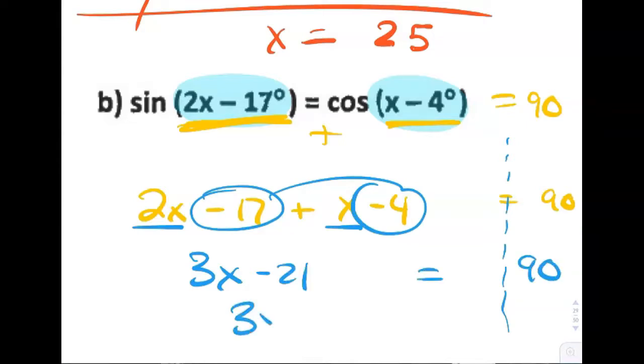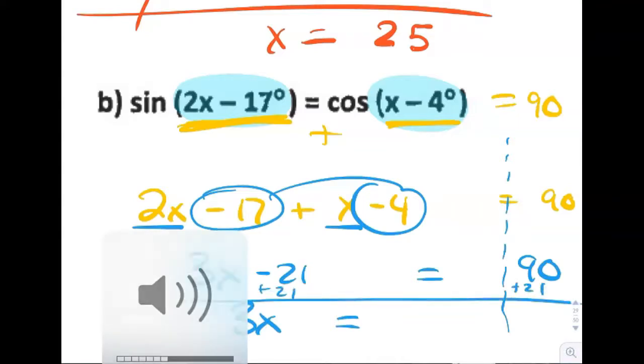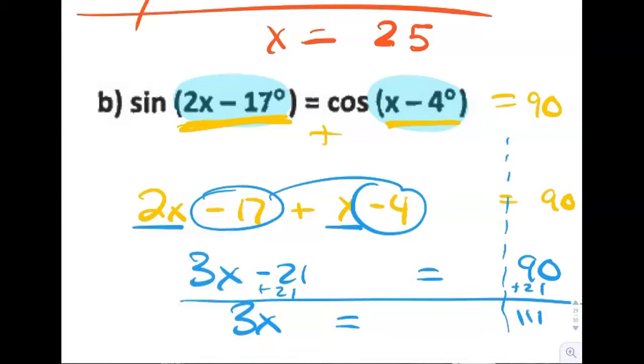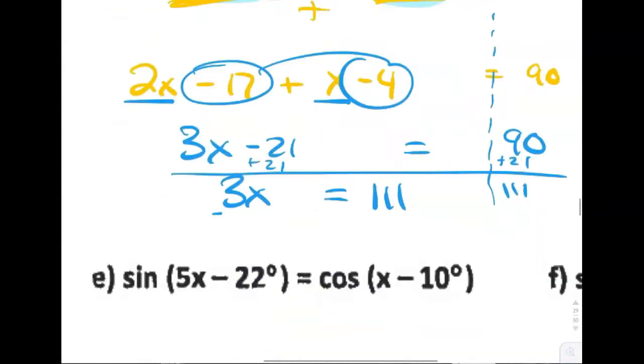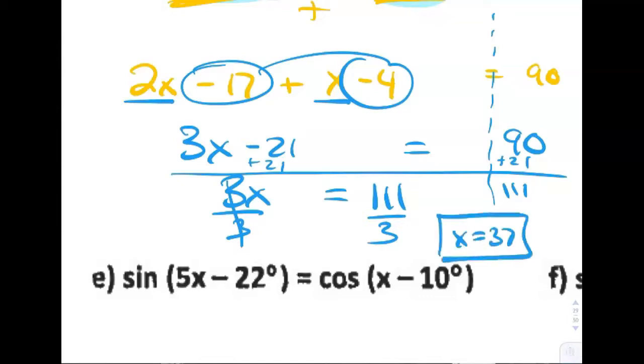Add 21 to both sides, and we get 111. We divide both sides by 3. That's yucky. 111 divided by 3 came out to be 37. Bet you didn't think that was going to come out even. It did.